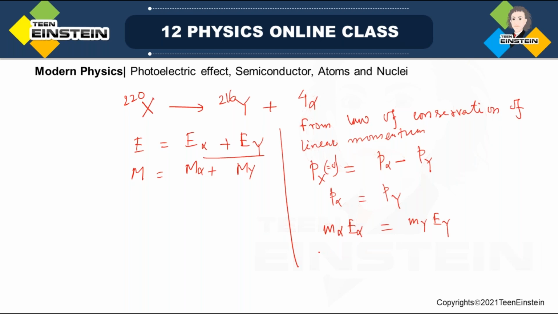From here we will be able to find E alpha, where this E is given in the form of the Q value.